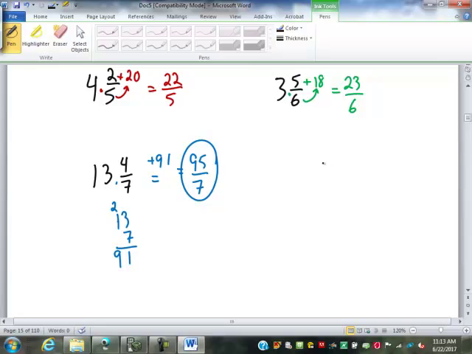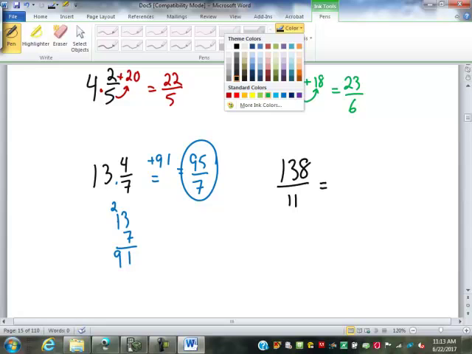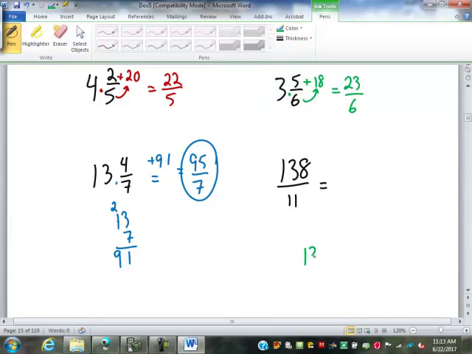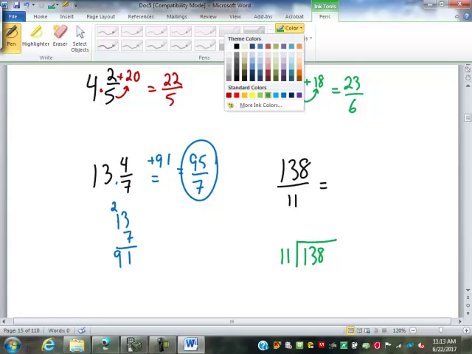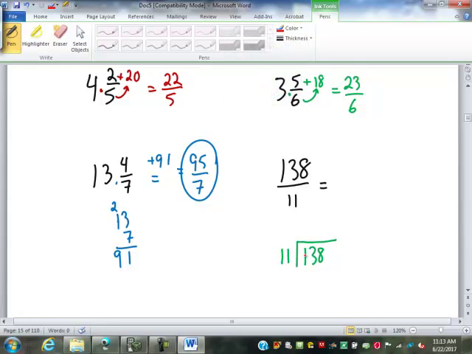I might have 138 elevenths, and I want to convert that into a mixed number. What am I going to do? 138 divided by 11. Does 11 go into 1? Nope, so we'll leave that blank. How about 13? 1.